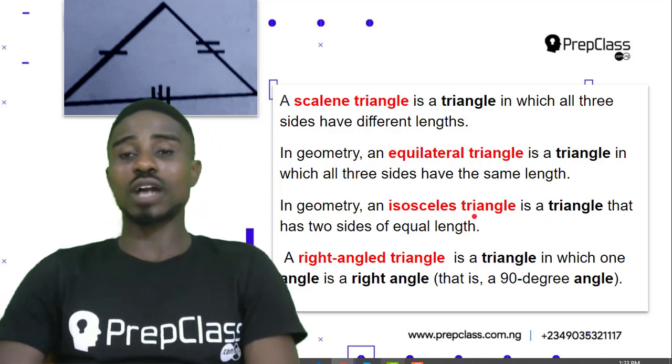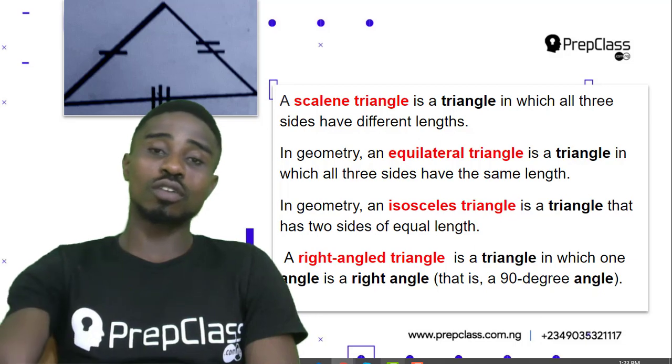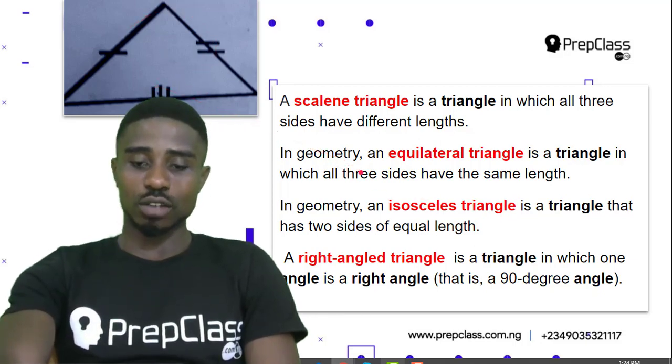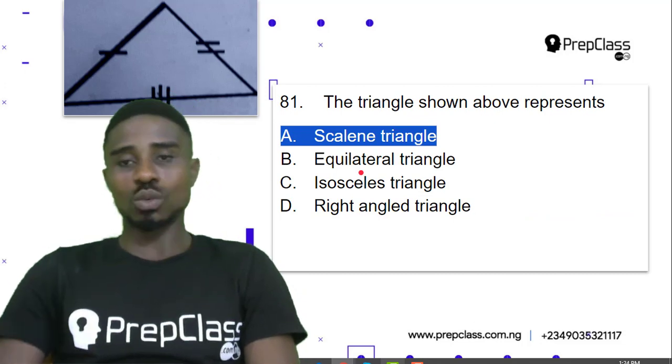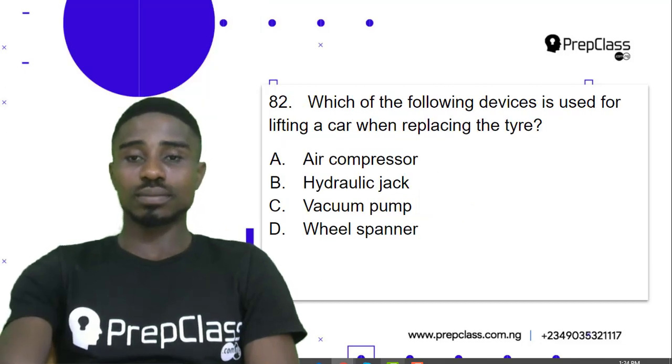That's a right angle triangle. So our correct answer is the scalene triangle because all of the three sides are of different lengths. Let's check it out. Question 81, option A, scalene triangle is our correct answer. Let's look at the next question.